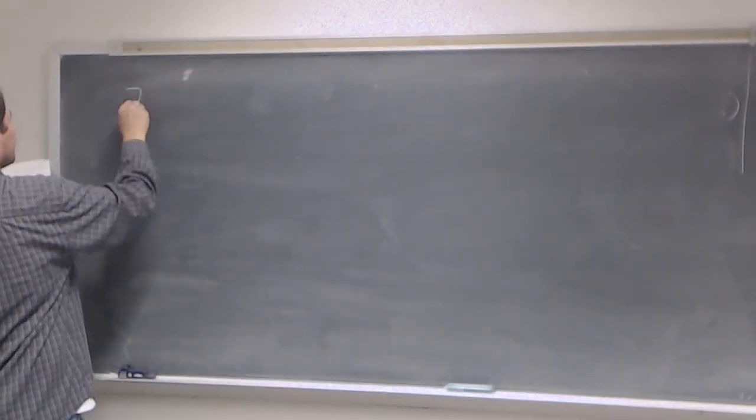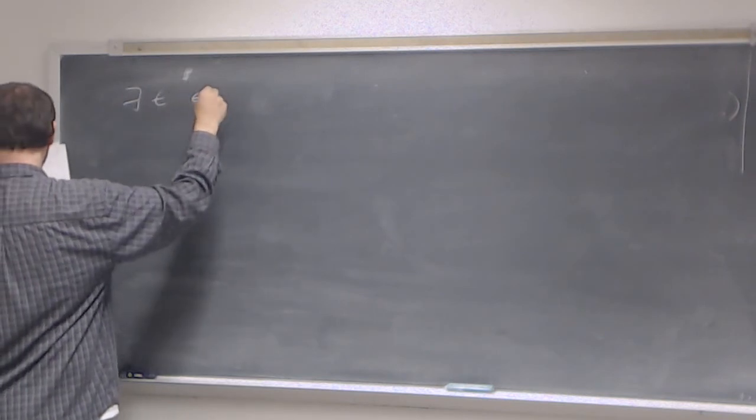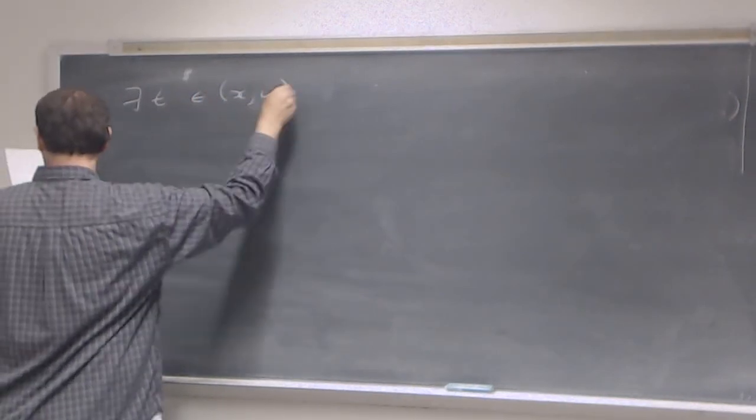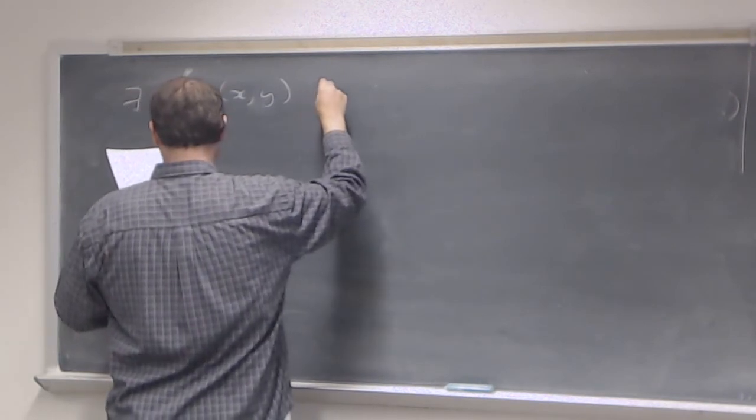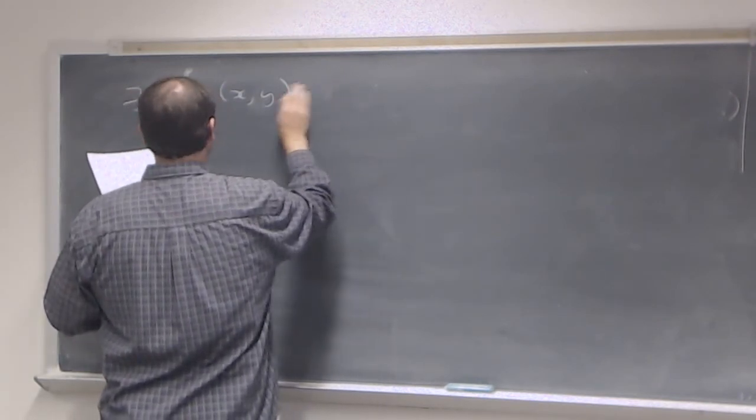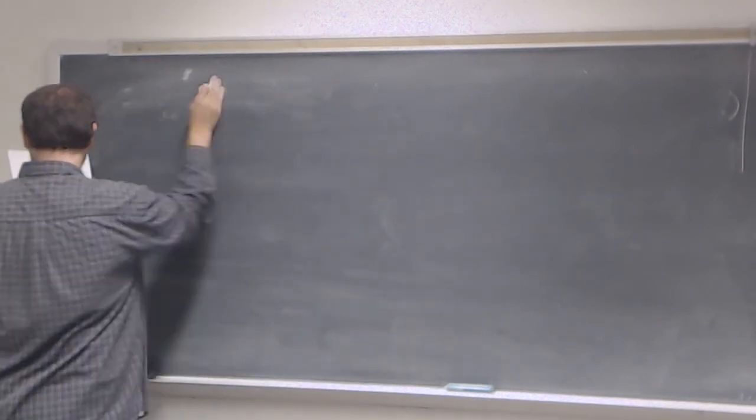There exists a T, an element of (x, y), such that... I should say something before that.